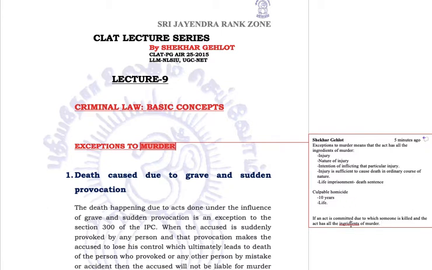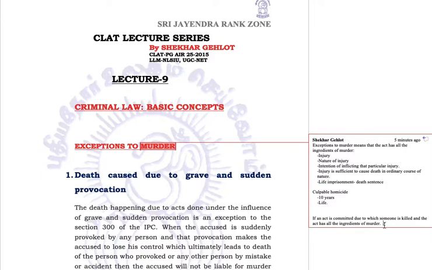Naturally, if your act has all the ingredients of murder occurring at the same time, then definitely you will be guilty of murder, and the sentence is minimum life imprisonment and maximum death sentence.